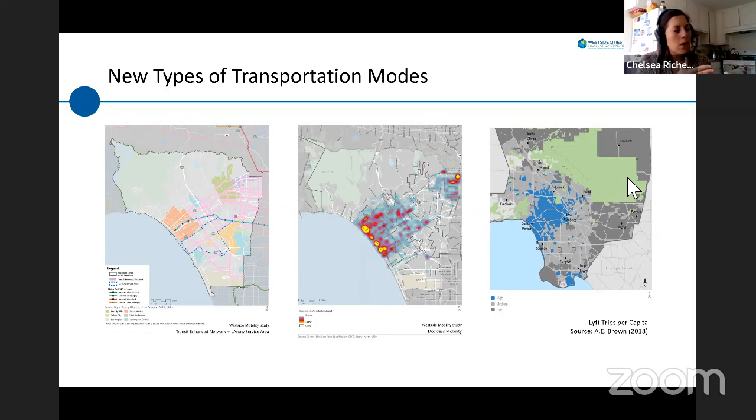The middle map is showing a snapshot of dockless mobility. So this is pulled from a new data source called the General Bikeshare Feed Specification. It basically is a voluntary source of data that vendors, scooter vendors and bike share vendors can upload their data to, or have a feed basically plugging in, and you can pull snapshot data to show at any moment in time where all of the scooters are around the region and around their service areas more broadly.